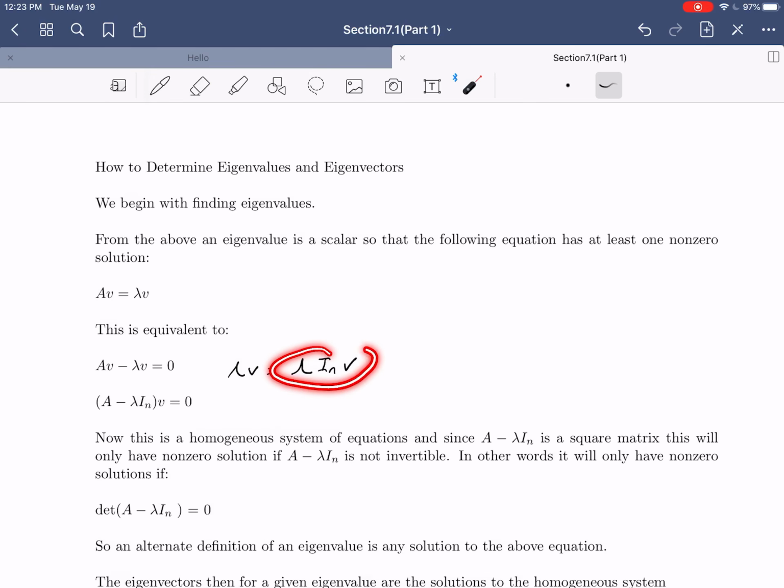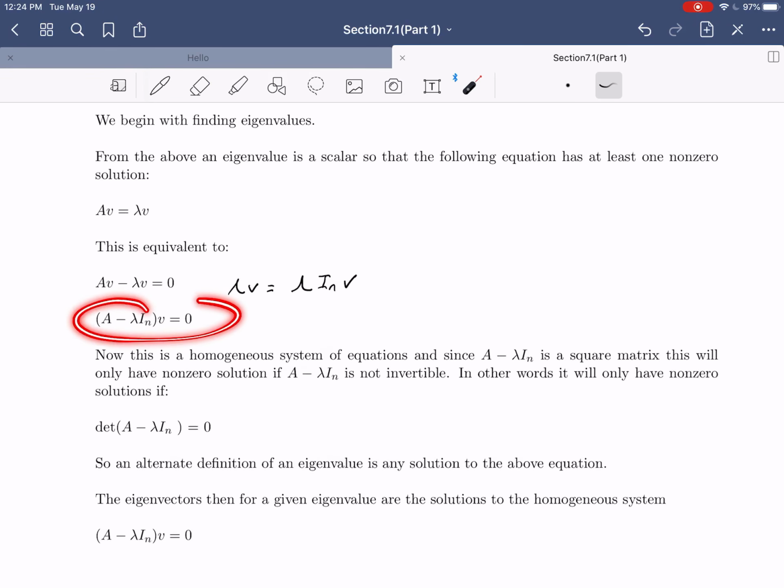The reason we're doing it like this is that this is a vector, but this views that vector as a matrix multiplication. Once you do that, then you can factor that V out and get this expression: A minus lambda I_n times V must be equal to the 0 vector. So the trick there is we're just viewing that lambda V as lambda times the identity matrix times the vector V, and then once we have that, we can right factor out that vector V.